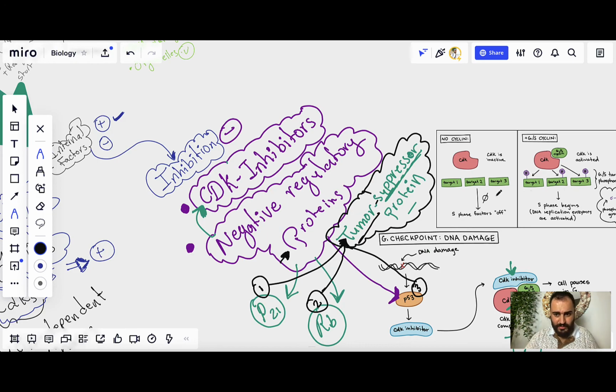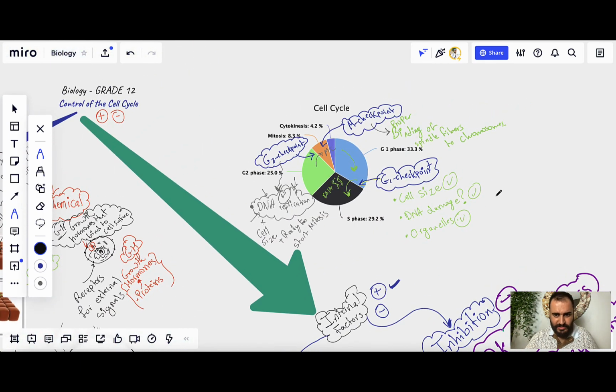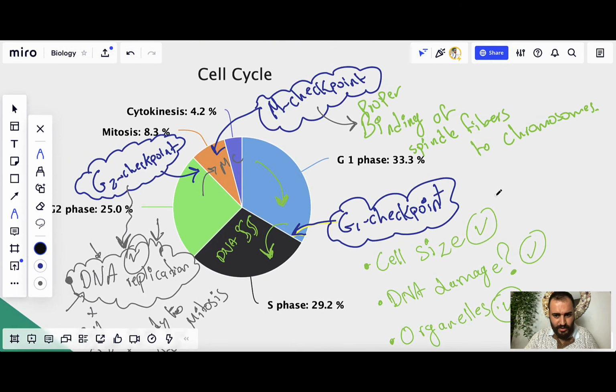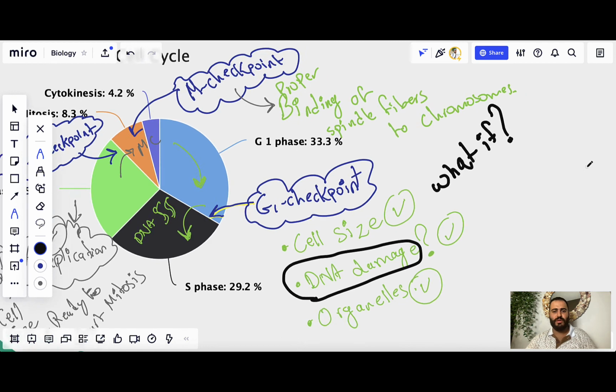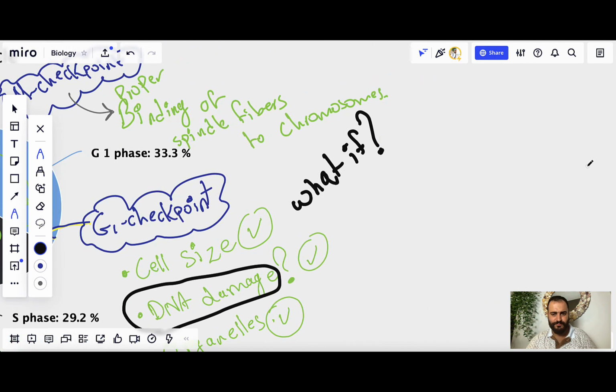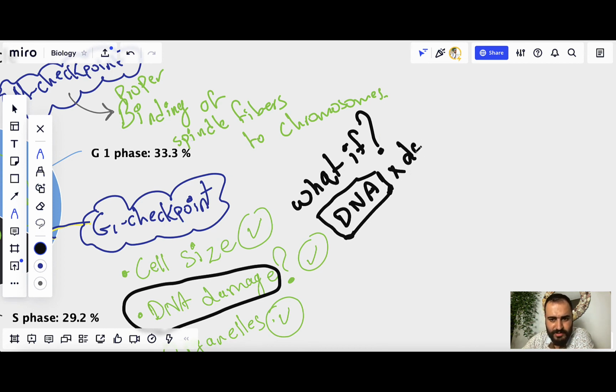Let's go back to these stages here. So we said that during G1 there is a check for DNA damage. What if during the G1 checkpoint the DNA was damaged?